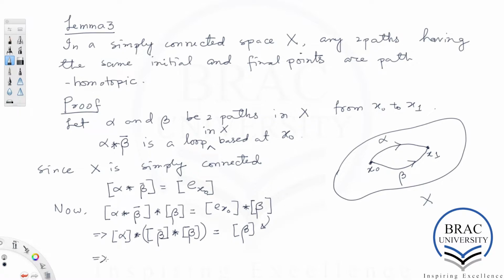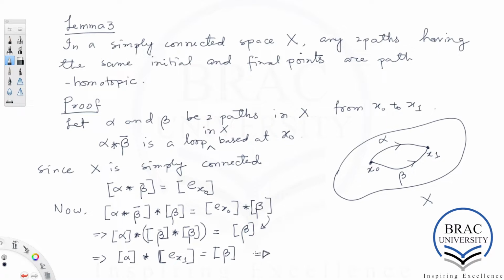Also, since beta bar is a path from x1 to x0, this is going to be the class of e sub x1, the constant loop based at x1, star beta, which is equal to beta.